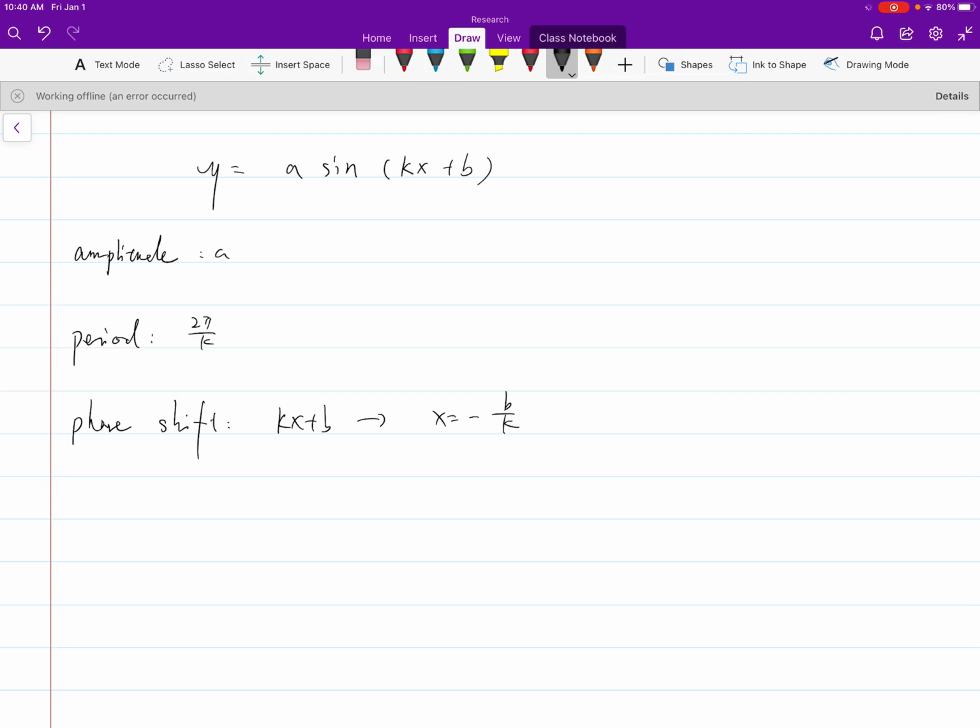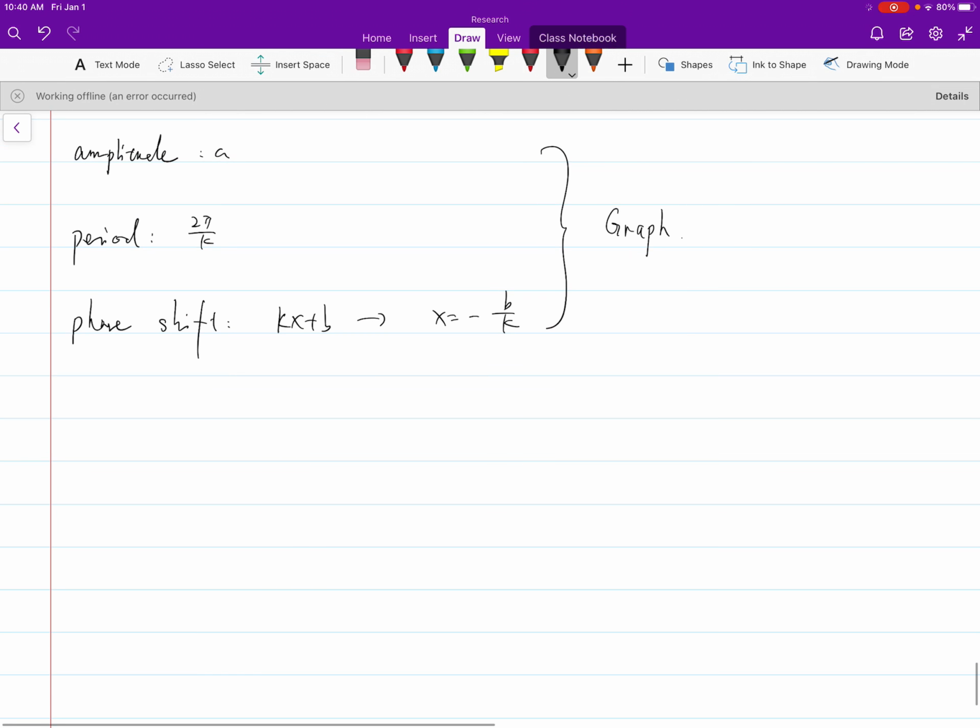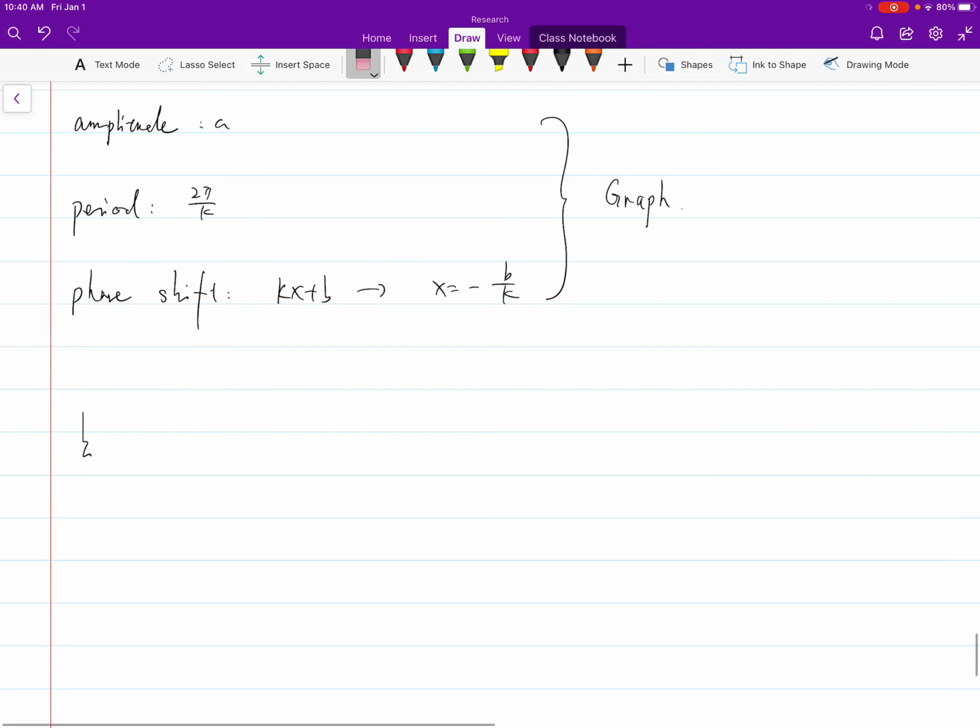Which come from kx plus b, therefore giving you x equals negative b over k. And once you read these 3 pieces of information, you will be able to draw the graph. Let's see what we mean by this.